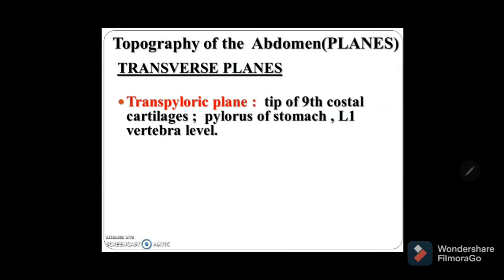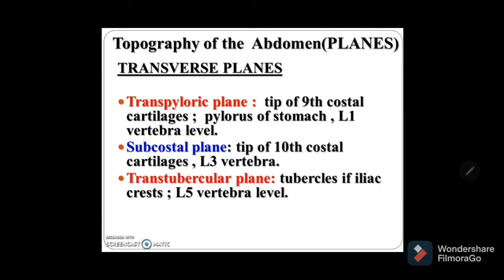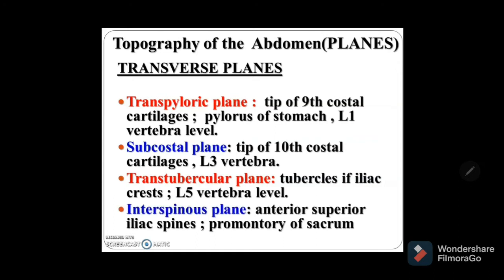So the transverse plane or transpyloric plane crosses across the tip of the 9th costal cartilage, also the L1 vertebra. Subcostal crosses through the tip of the 10th costal cartilage, whereas the transtubercular plane crosses across the tubercles of the iliac crests at L5. And one more horizontal plane you can see is the interspinous plane, crossing across the anterior superior iliac spines.